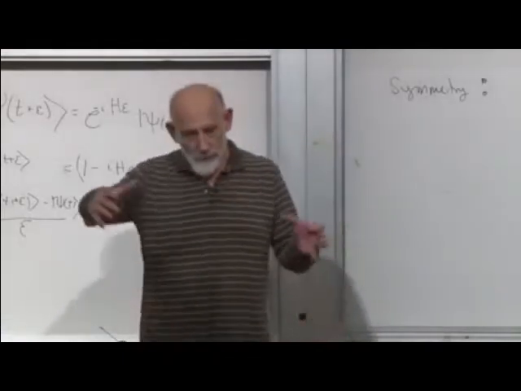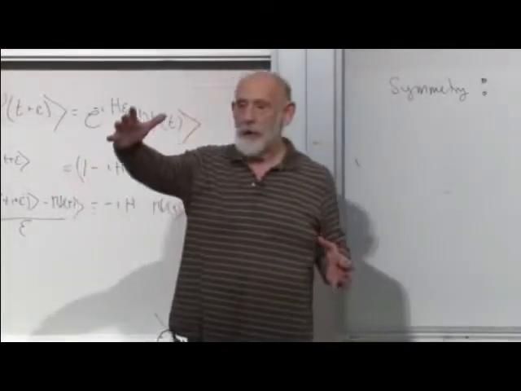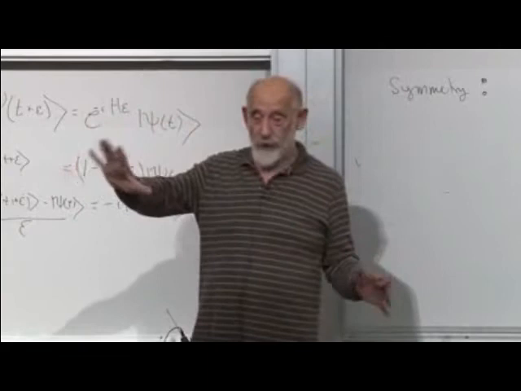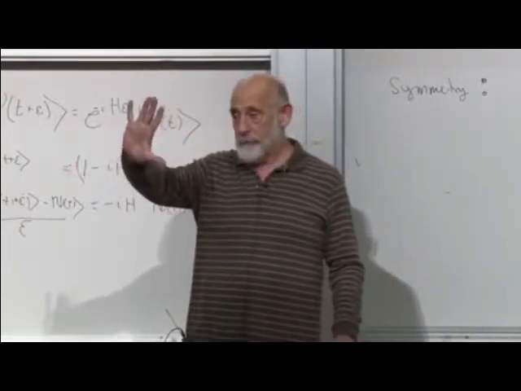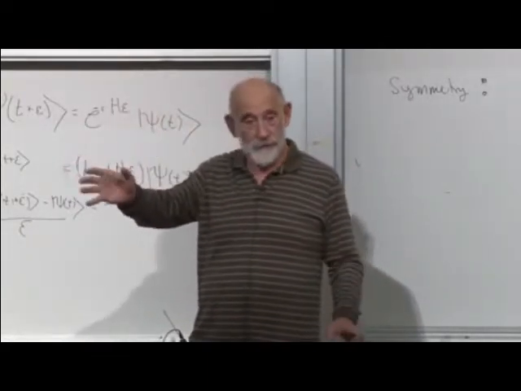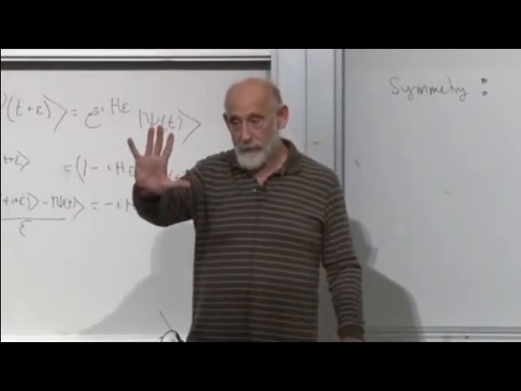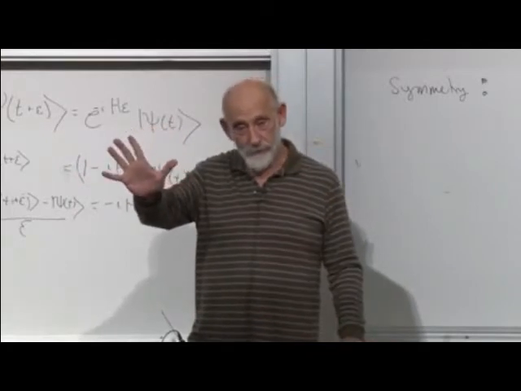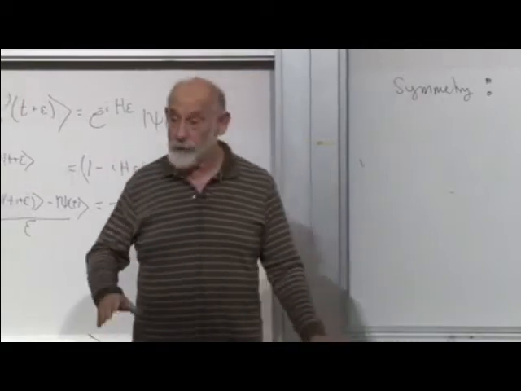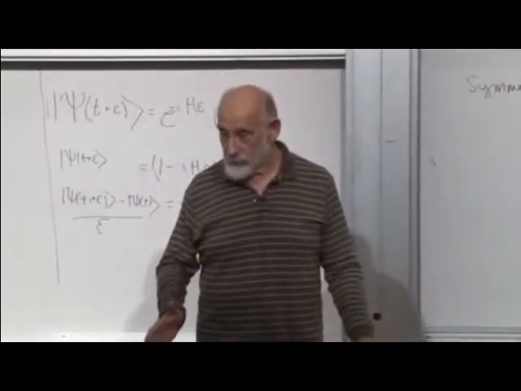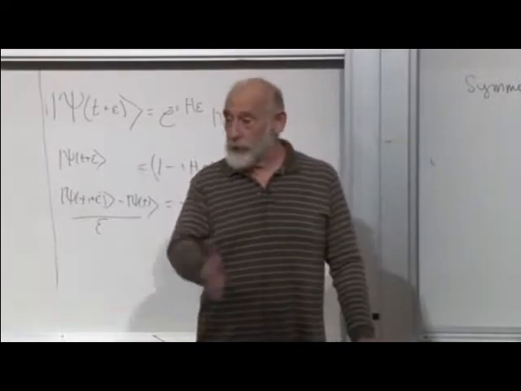For systems in three-dimensional space, or two-dimensional space for that matter, you can rotate them. You can rotate them by 90 degrees. That's a transformation. But you can build up that 90-degree rotation by lots of little infinitesimal transformations. Those are called continuous symmetries. What about translation symmetry?